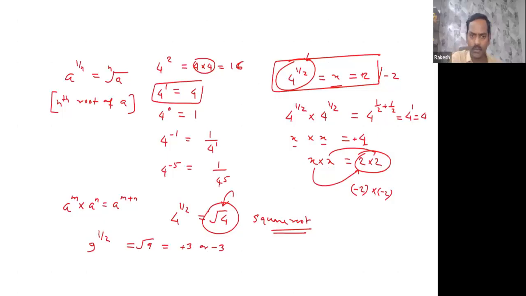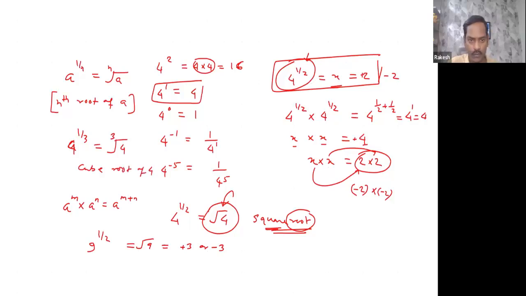Whenever we just say root, it simply means square root. But apart from square root, if I have to name it, then I have to name that particular number of root. For example, 4 to the power 1 by 3 will be written this way. We call it the cube root of 4.